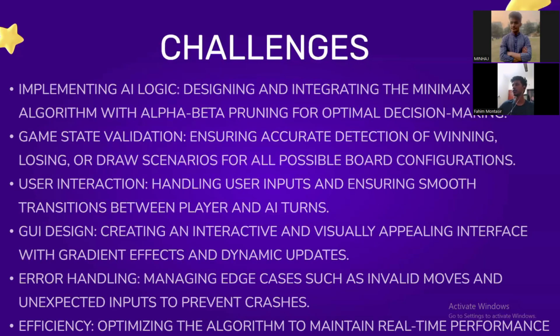So here are the challenges. The challenges we faced, such as implementing complex AI logic, ensuring accurate game state validation, and optimizing the algorithm for real-time performance. Overcoming these obstacles enhanced our problem-solving skills.